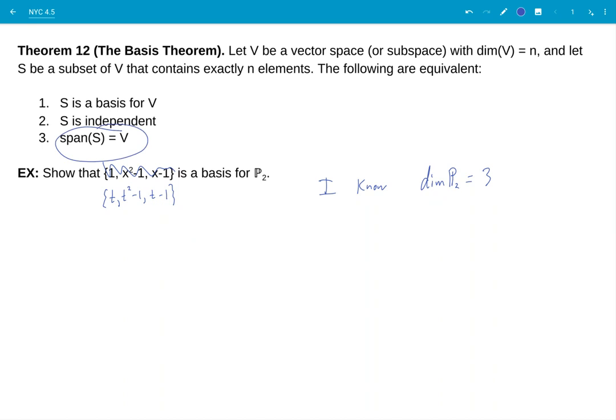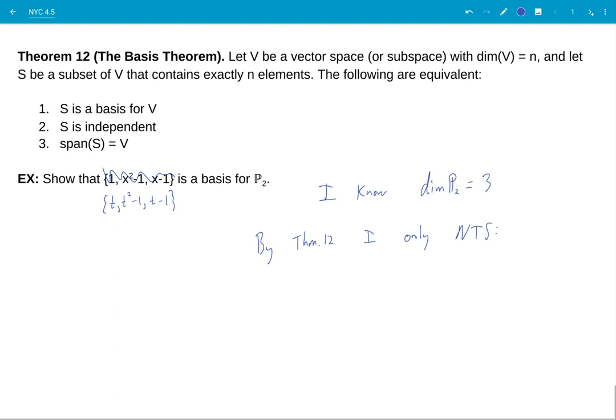Showing that something spans can be very messy, so I'm going to avoid that one and just focus on independence. So I'll say by Theorem 12, I only need to show that this set is independent.